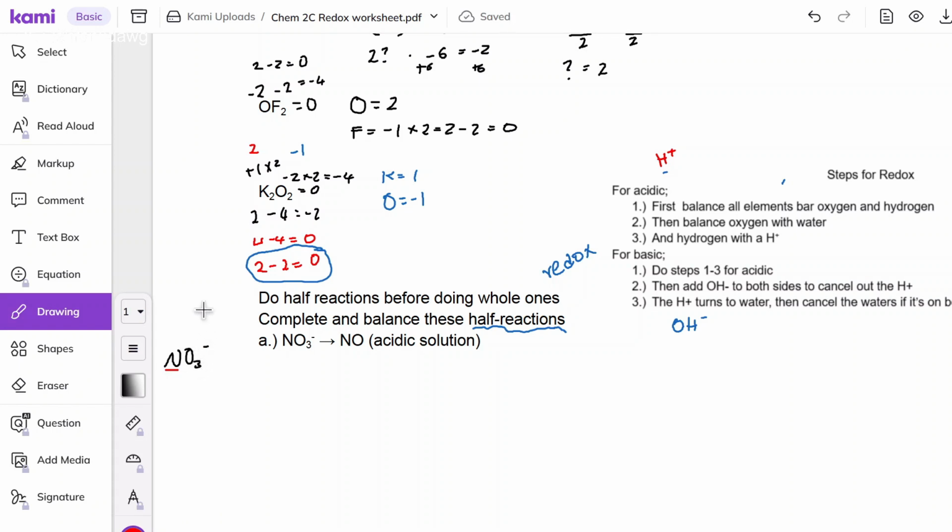And we know that O is usually -2. So it's going to be -2 times 3, question mark plus 3 times -2 is equal to -1. So that's question mark plus -6 is equal to -1, and we divide both sides by 6.